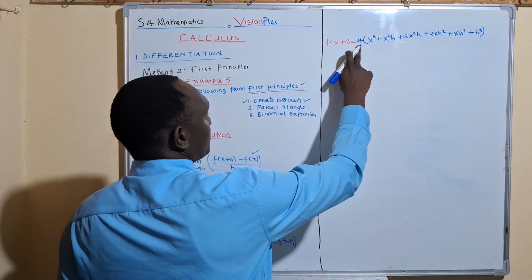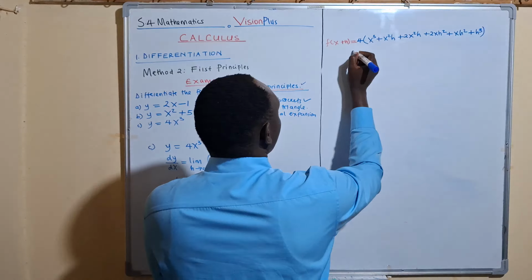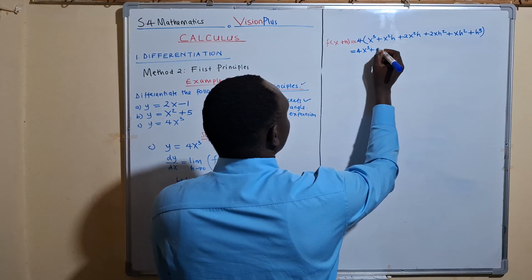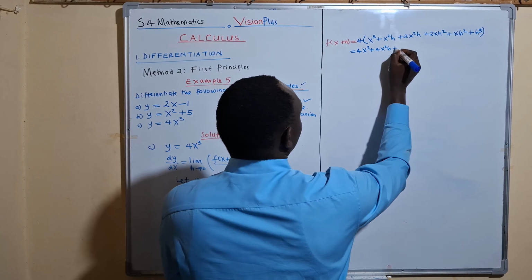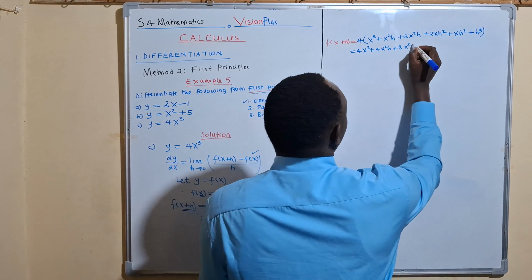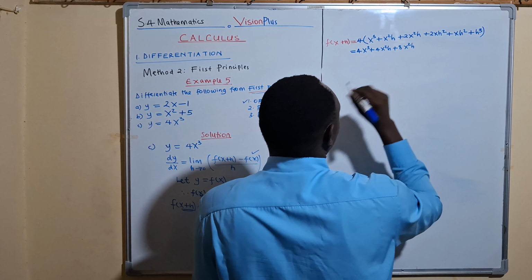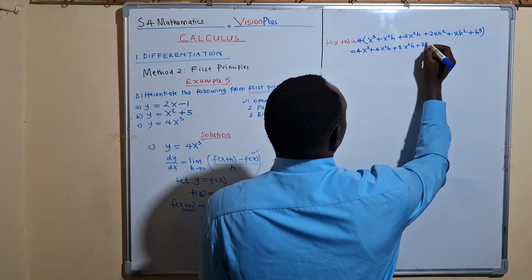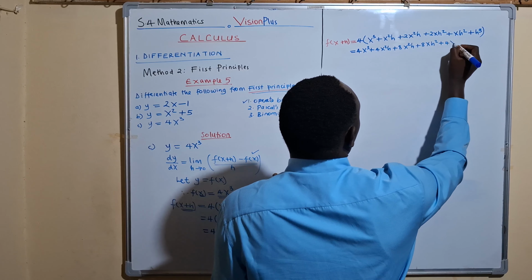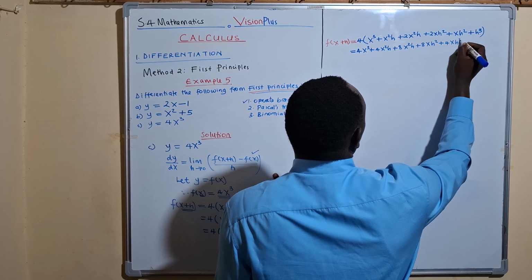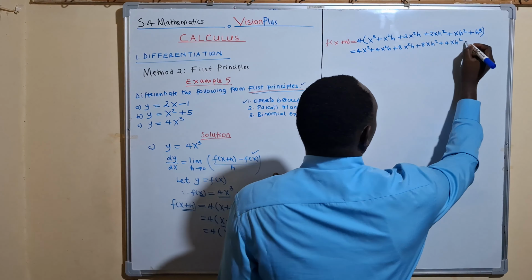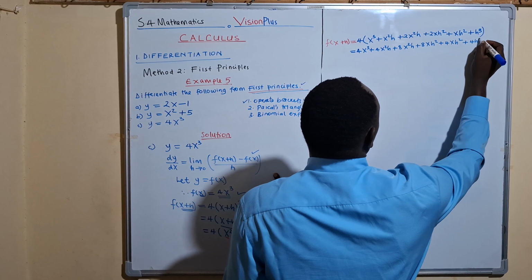But now we are multiplying by 4. So let us multiply all the terms by 4. This gives us 4x cubed plus 4x squared h plus 8x squared h, plus 8x h squared plus 4x h squared, plus 4h cubed.